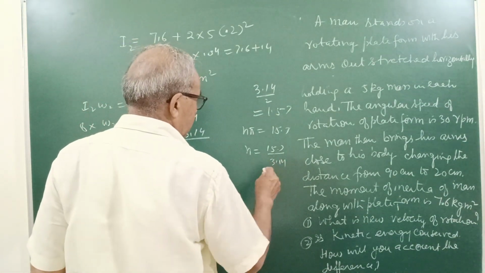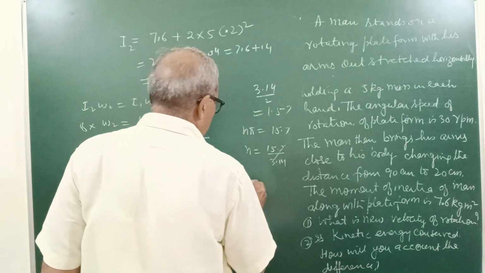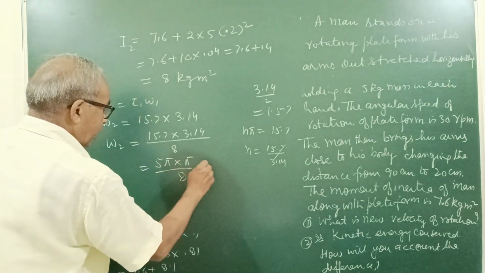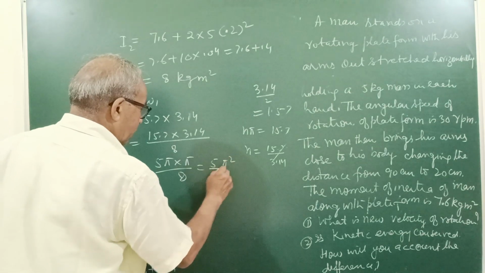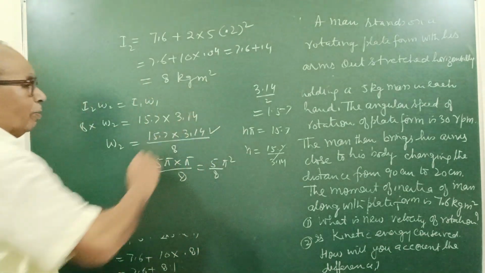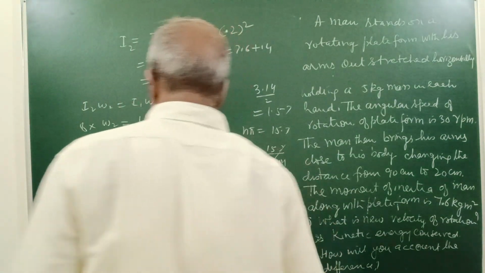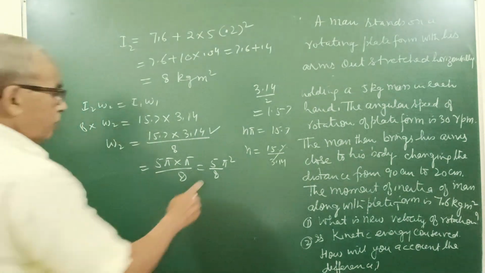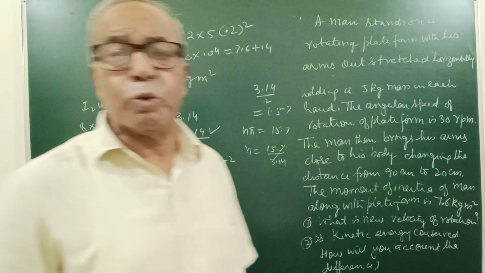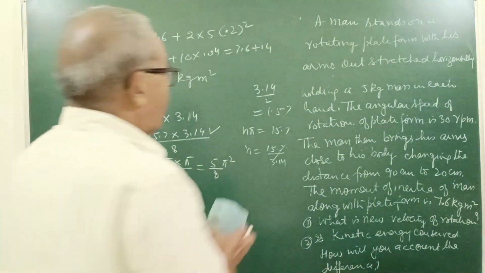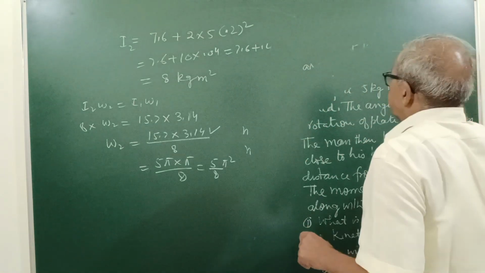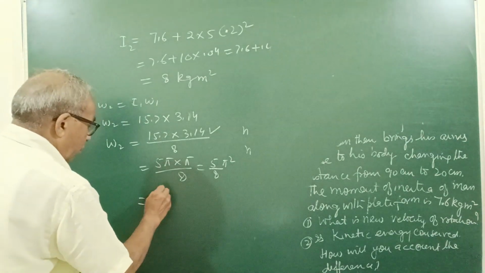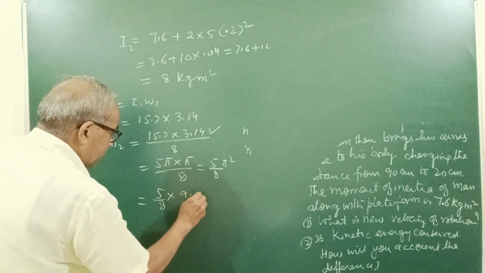So 5 goes up. So this is 5 pi into pi upon 8, that is 5 pi square upon 8, like that if you avoid multiplying. So omega 2 is this. You can see pi square is nearly 3.14 square. 3.14 square in fact comes out 9.87 nearly. So you can write here 5 upon 8 into 9.87.